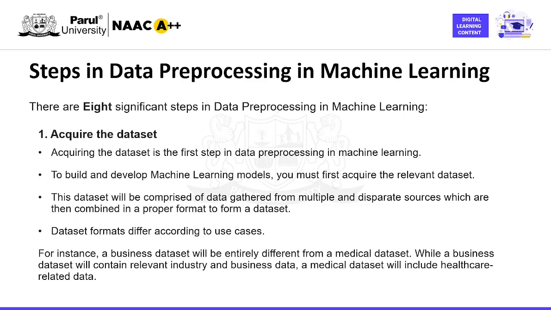The dataset format differs according to the use case. For example, if you are going to prepare a model for medical, then you have to use the dataset related to medical healthcare.